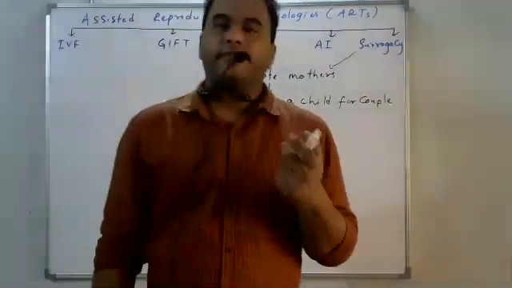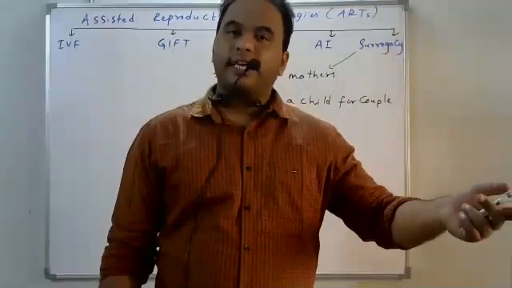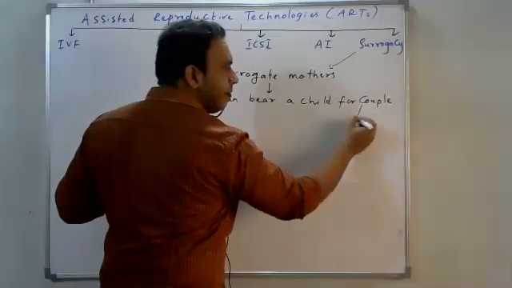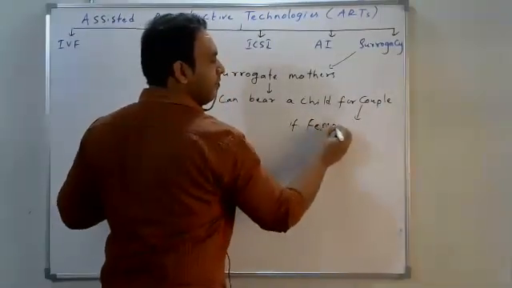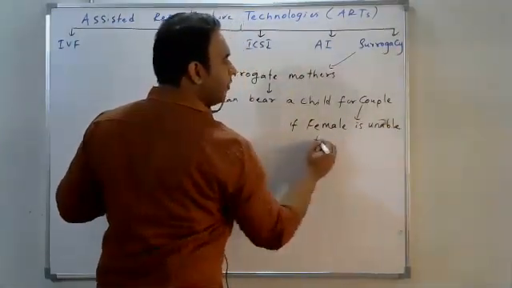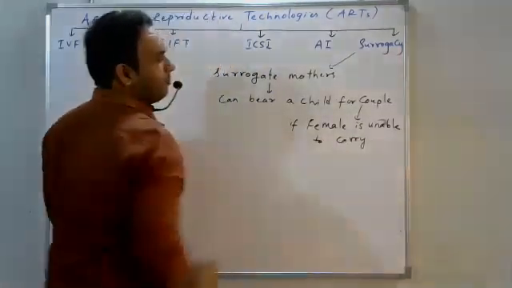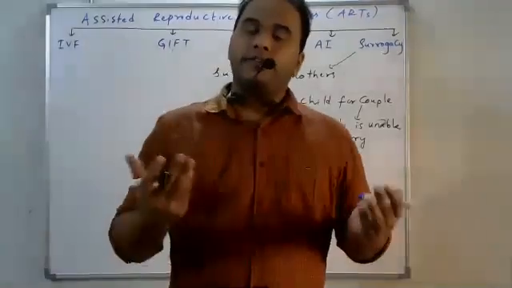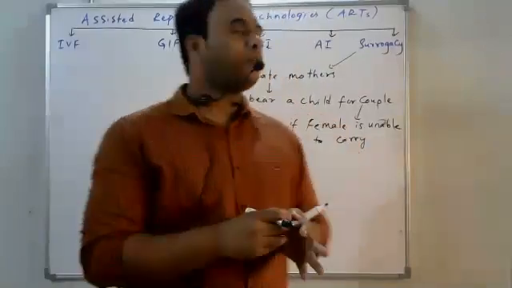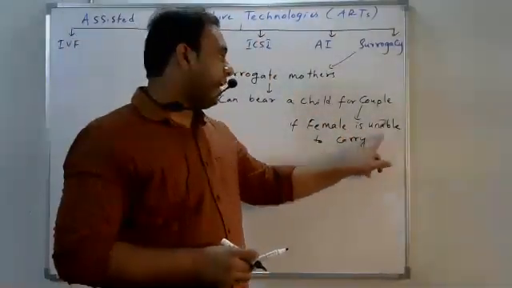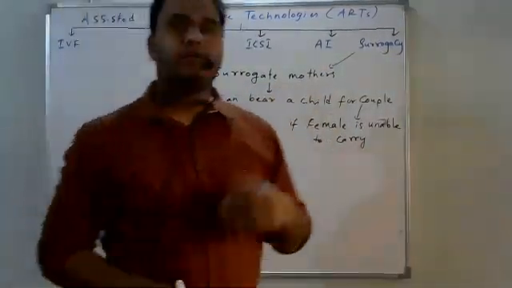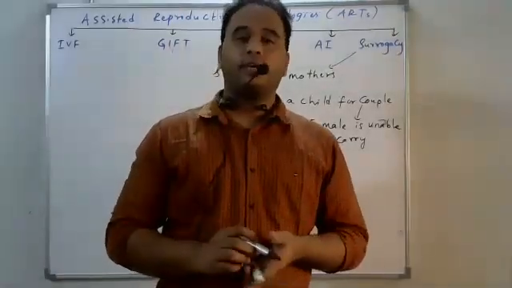If the wife is infertile or unable to carry due to any reasons, her uterus got damaged, or physiologically she cannot bear a baby, then the surrogate mother can bear the child. This is voluntary, and they have to be selected properly.